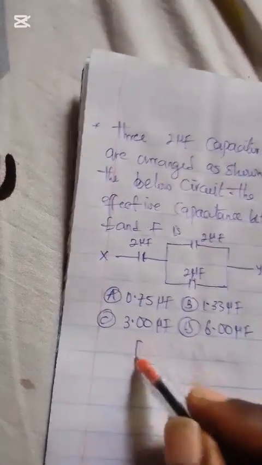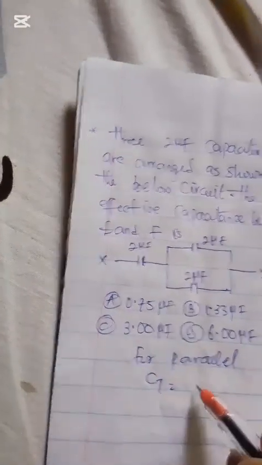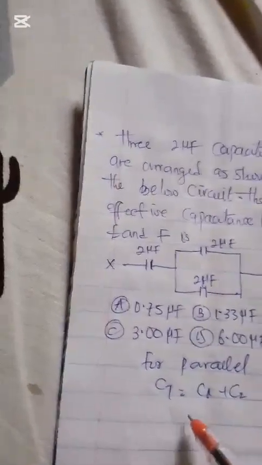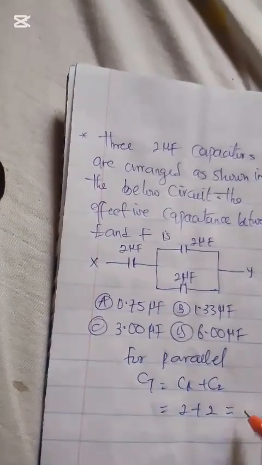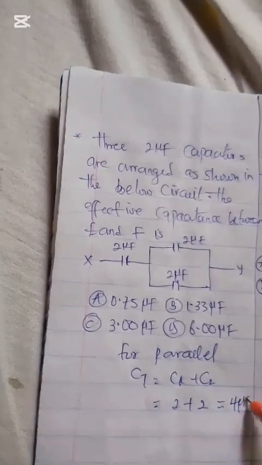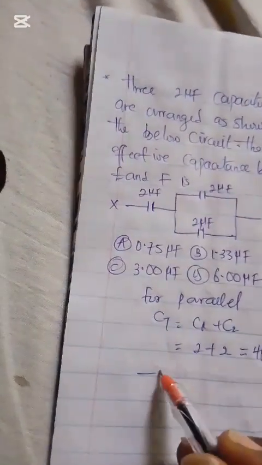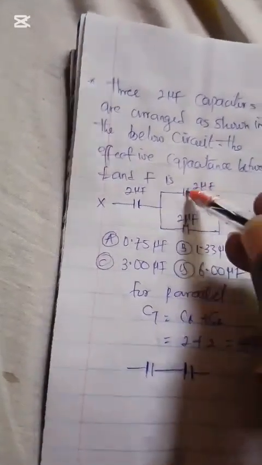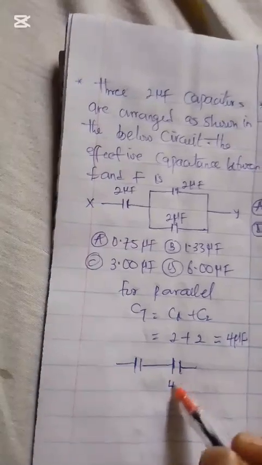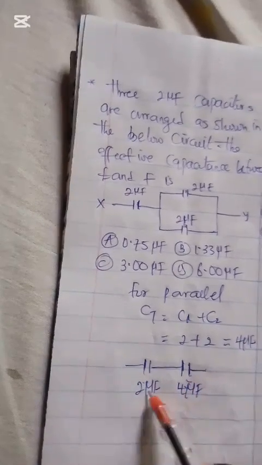So for the parallel, Ct will give you C1 plus C2, which will be 2 plus 2, and 2 plus 2 will be equal to 4 microfarad. I hope that is clear. If you redraw the diagram, we have, remember, this and this gave me 4 microfarad, and this will now be 2 microfarad. You can see they are now in series.